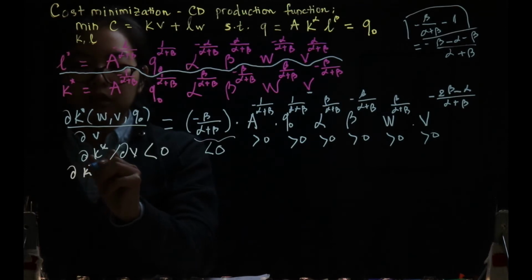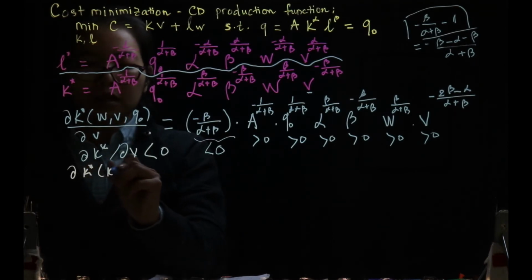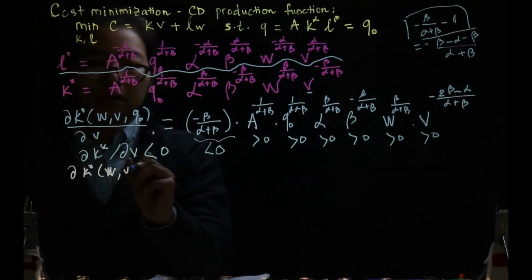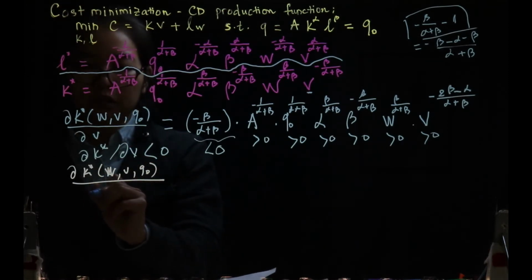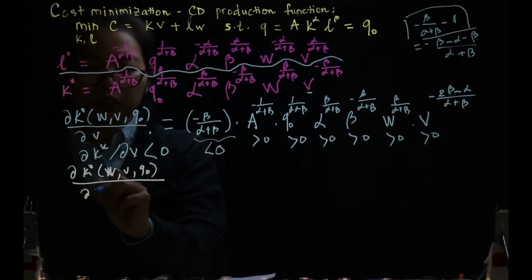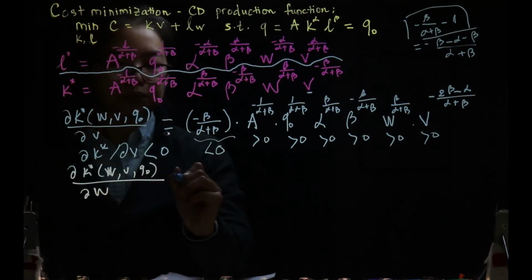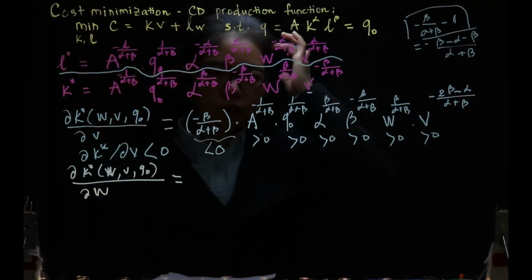Then what happens with the cross price effect? What happens to K star when the price of labor, W, changes?